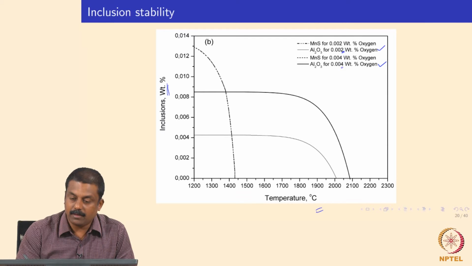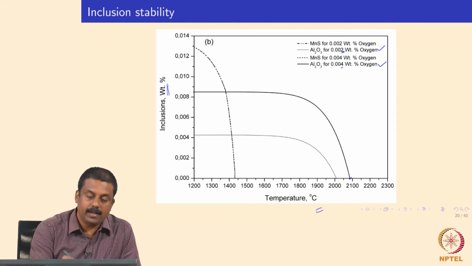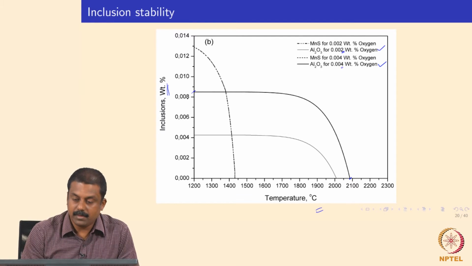So in higher oxygen concentration, if you have 40 ppm of oxygen, the inclusion formation temperature is about 2100 centigrade, and when you cool down, you obviously tend to form more volume fraction of aluminum oxide inclusions, and you end up having 0.008% of inclusions. So if you decrease the oxygen concentration, obviously the amount of non-metallic inclusions you form also decreases.